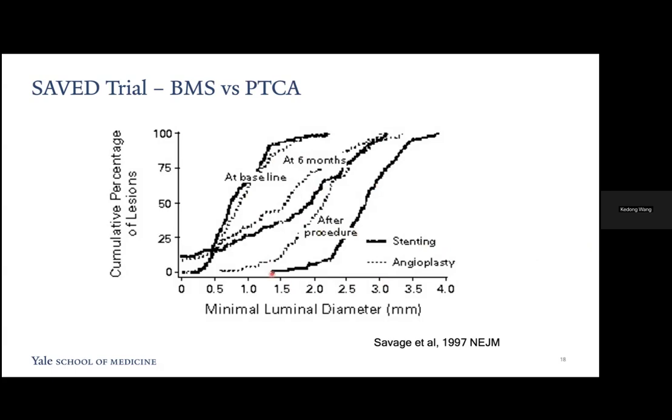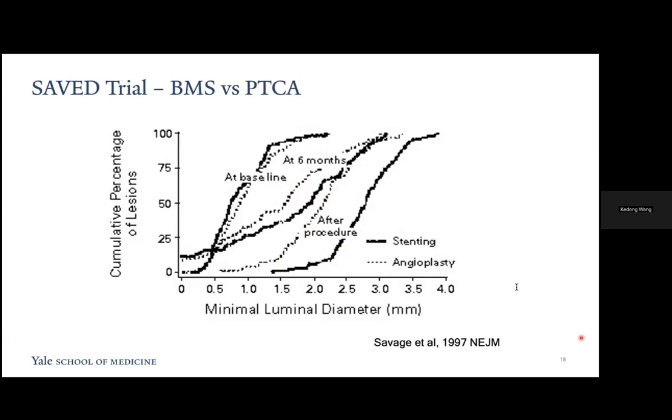You can see from this graph that at baseline, the degree of initial luminal narrowing was similar between the two treatment groups, as demonstrated by the near superimposition of the curves at baseline. After the procedure, there's a greater luminal gain in the stented group compared to the balloon angioplasty group. And this curve continues to be separated after about 6 months, indicating a larger luminal diameter gain achieved by stent placement.